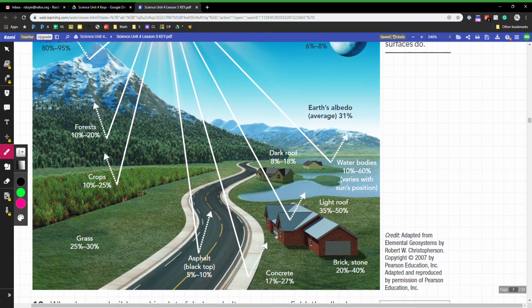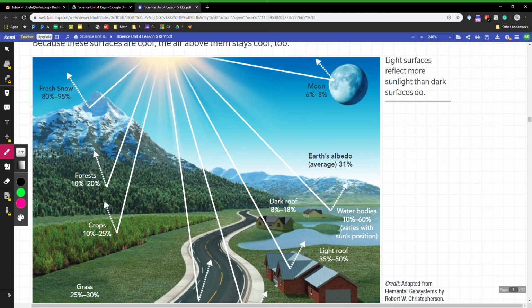But you can see how this shows the sunlight coming down, and it's showing us approximately how much of the sunlight is being reflected. So you can see fresh snow has a really high albedo. 80 or 95% of the light that's coming from the sun is just reflected right back in fresh snow.